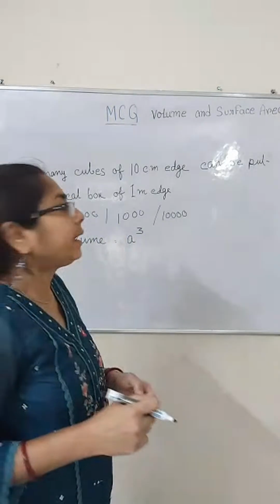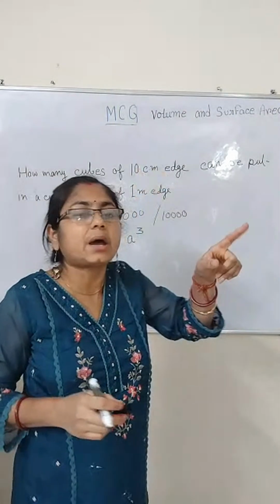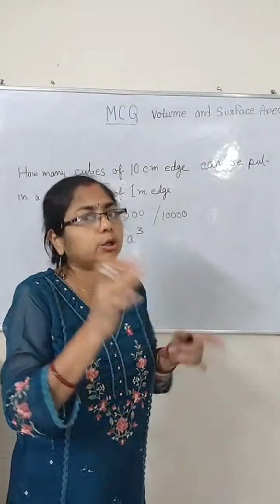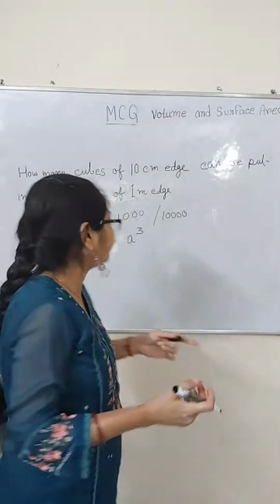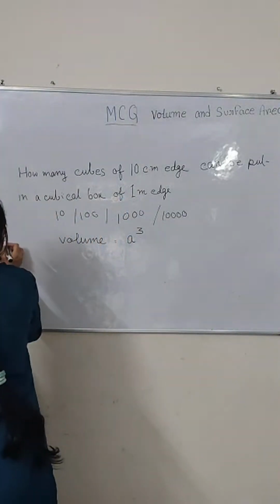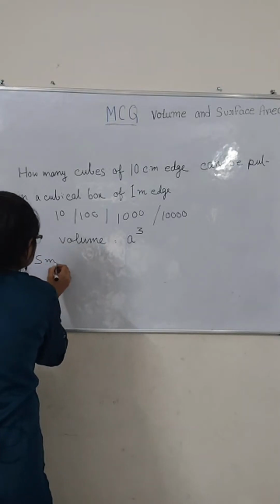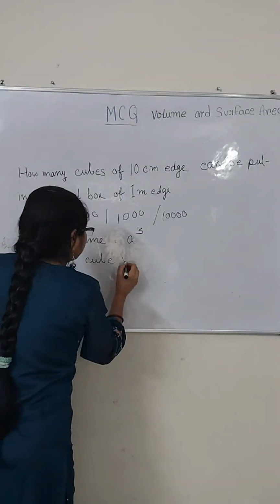Here listen one thing. One unit is centimeter and another unit is meter. So you convert it into one. मीटर में आपको convert करना पड़ेगा. तो it is a small cube volume.